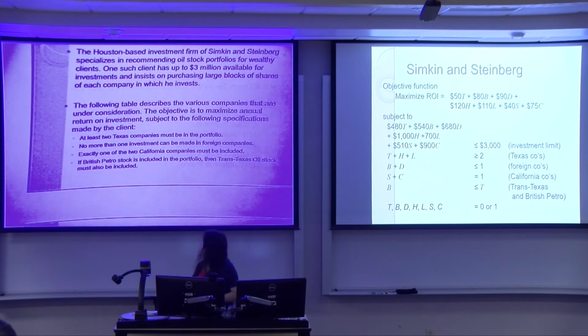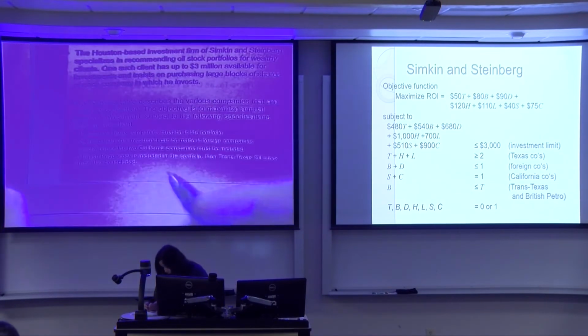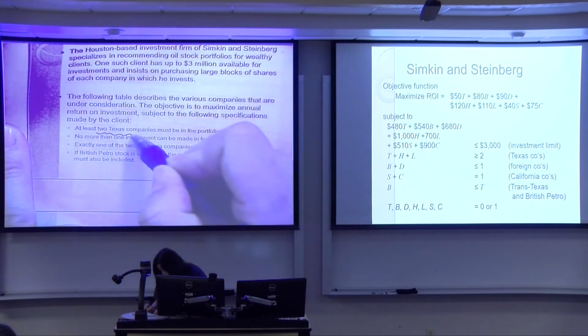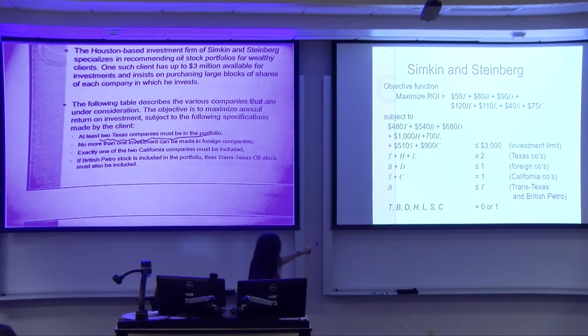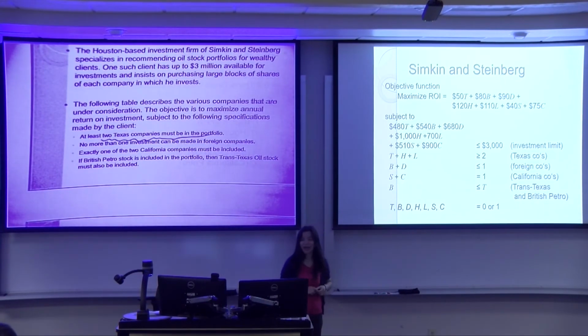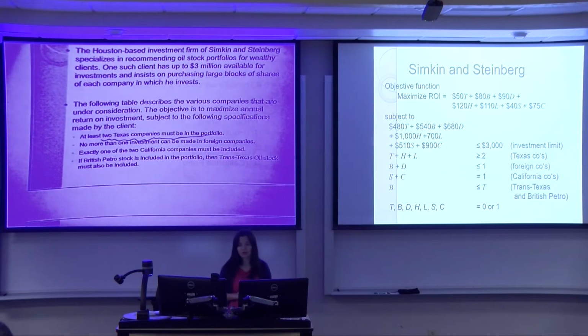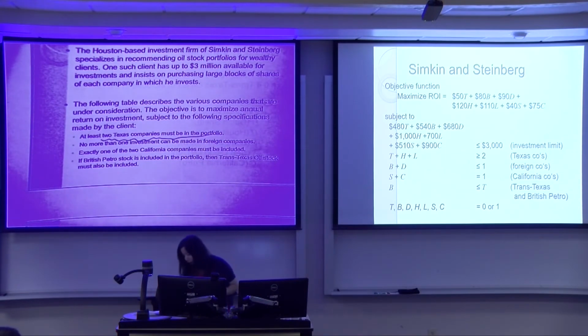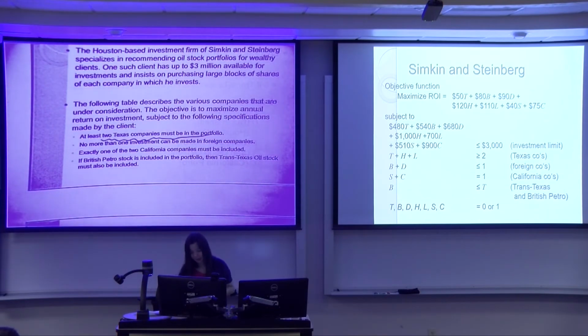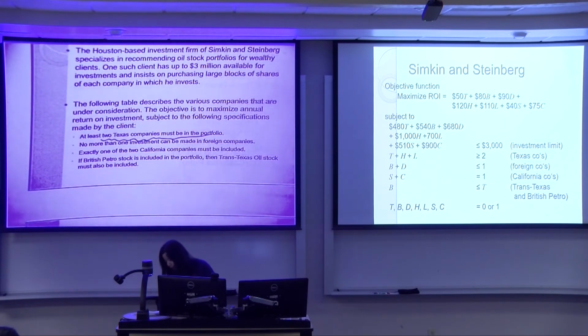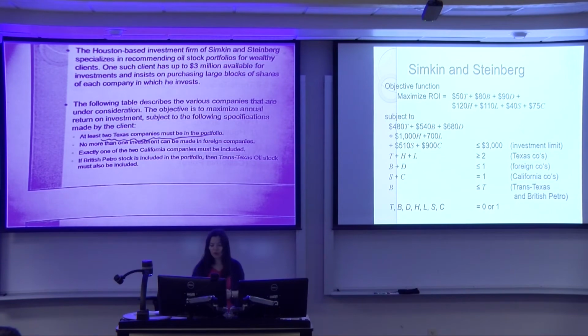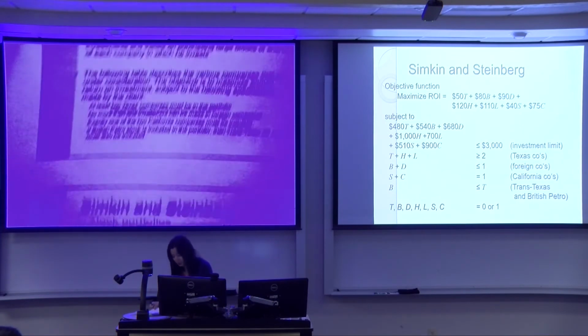Right. Here, at least 2 Texas companies must be in the portfolio. But why am I only choosing T plus H plus L? Right, those belong to the Texas companies, okay? And the same, this is the no more than one investment can be made in foreign companies. So you look for all the foreign companies, right?